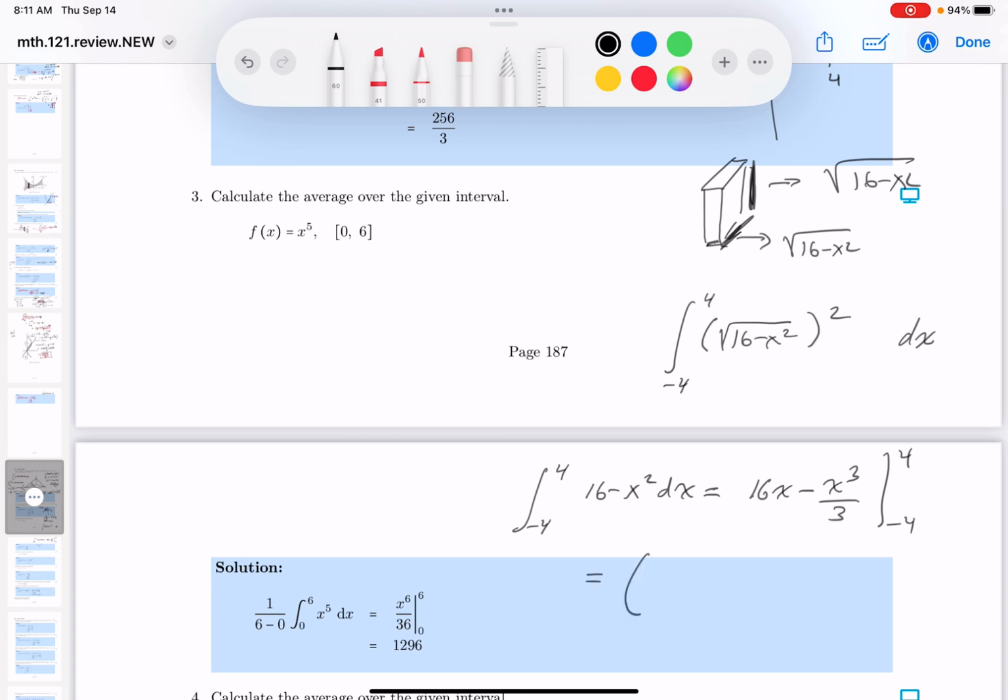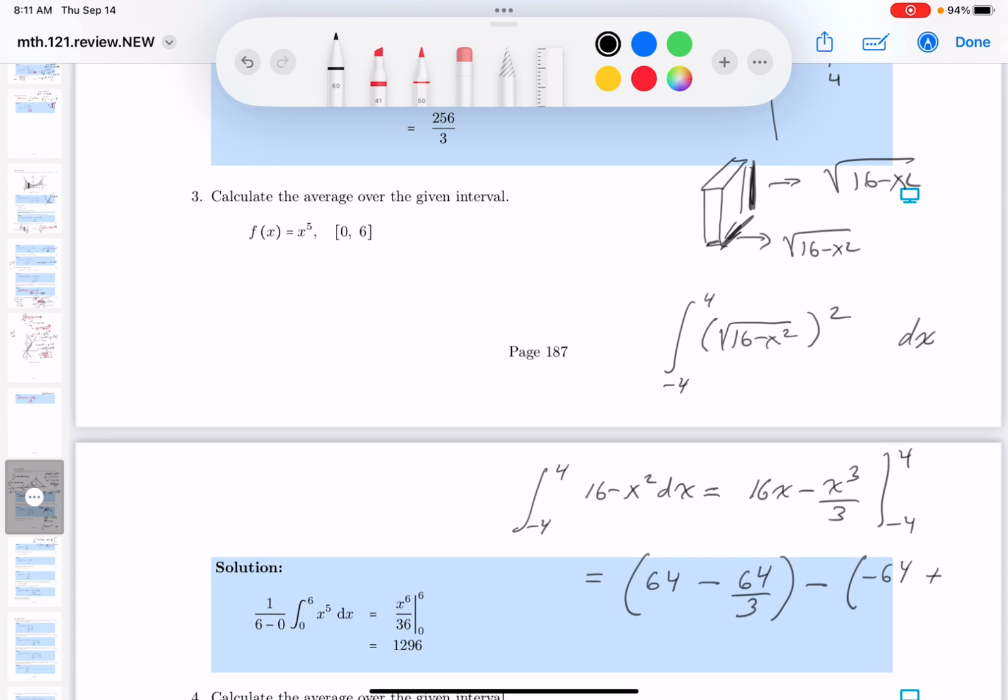What do you get? Well, 16 times 4, that's 40 and 24, which is 64. Minus 4 cubed is 64 over 3. Minus, I'm going to do lower limit now, minus 64. And what would you get there? Let me make sure I'm saying that right.